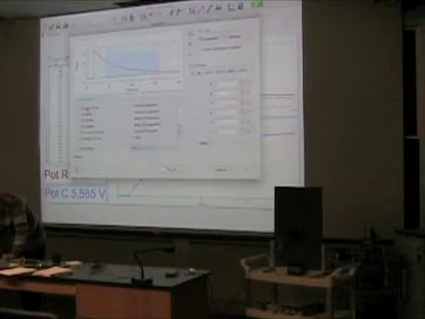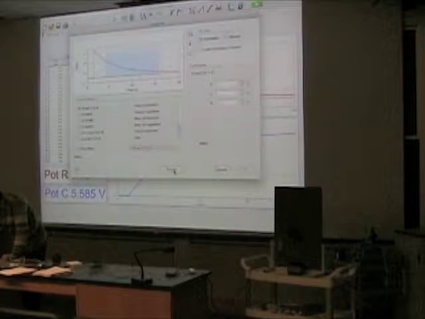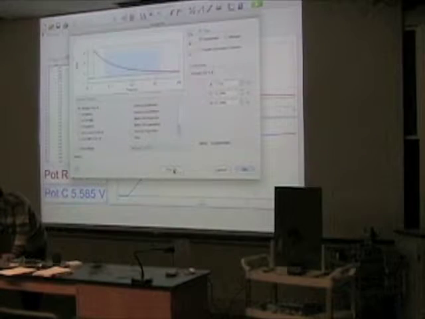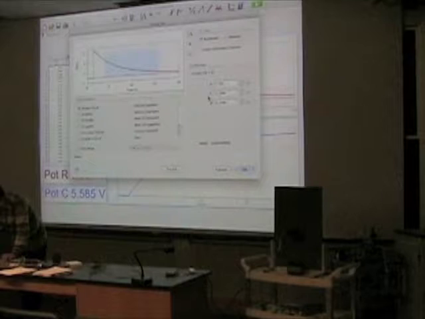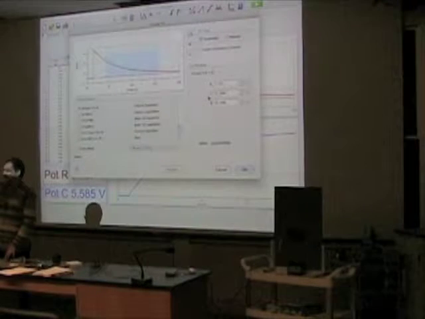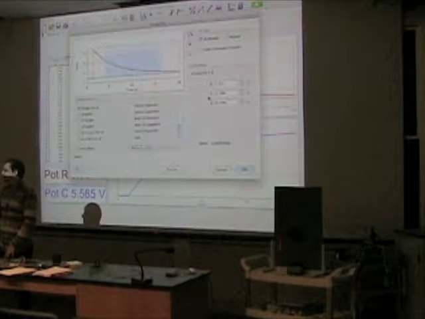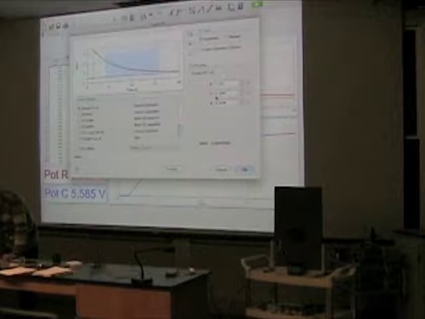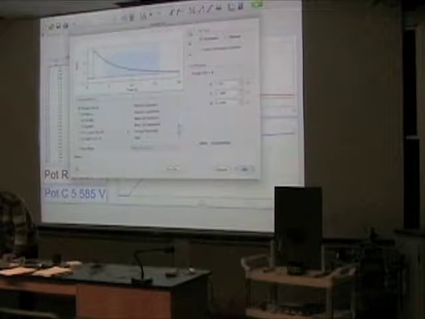Where is it? Yes, here. Exponential function. And we can see the curve is fit. And the coefficient, which describes how fast the voltage changes over time, that number C equals roughly 0.2.